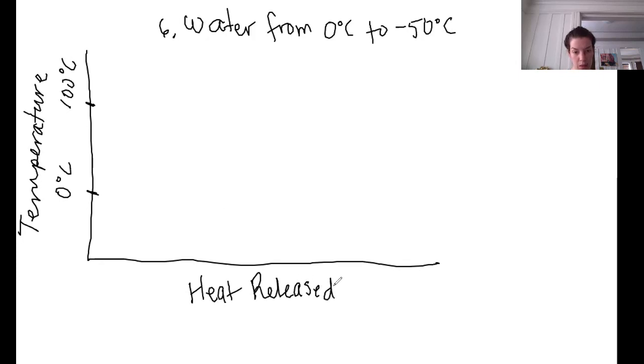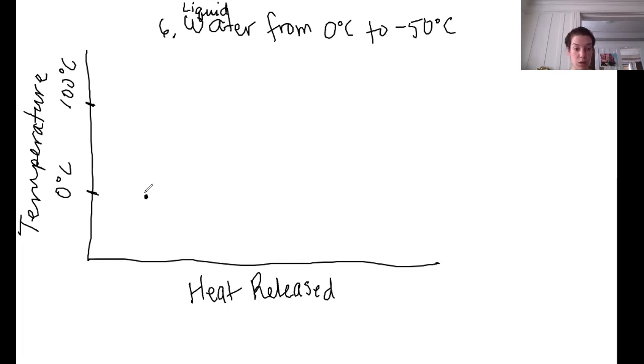Okay. Now, because I know cooling curves really well, I don't have to draw the whole thing, right? I can start at one point and end at the other point. And so the liquid, ooh, I forgot to put that this is liquid. Liquid water from 0 to negative 50. So liquid water starting at 0, so I'm going to be starting at 0. I know that liquid water has to freeze first.